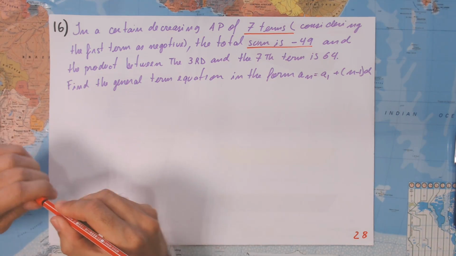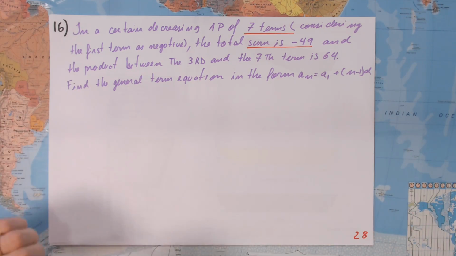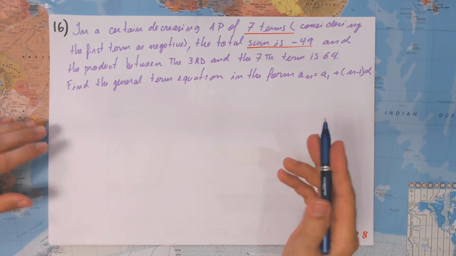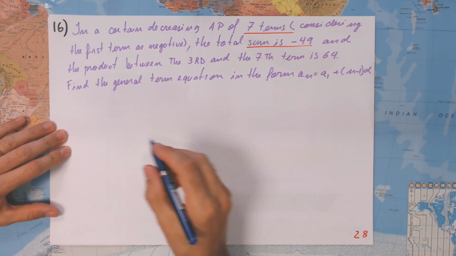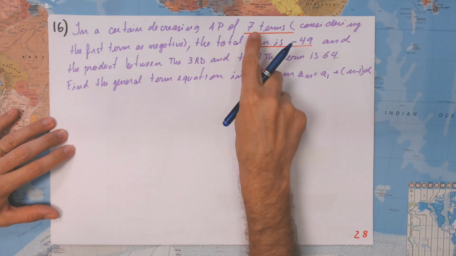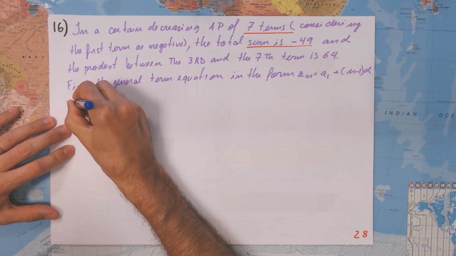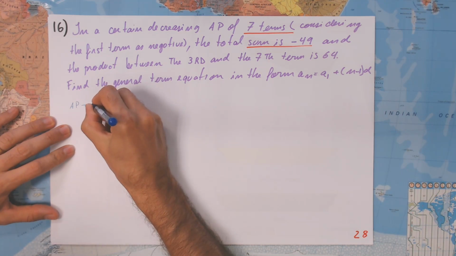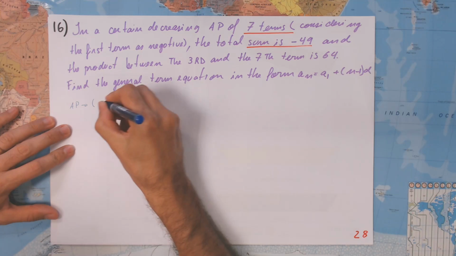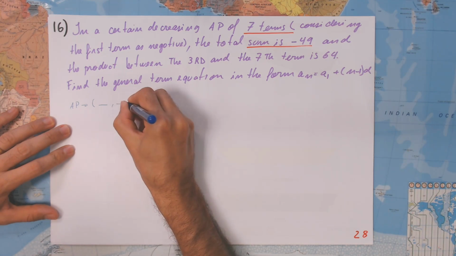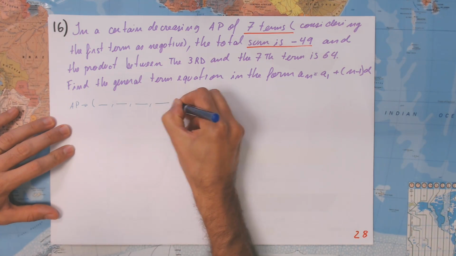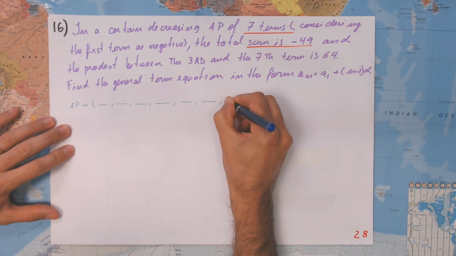This is enough to make us write this sequence like this. Remember, it's going to be 1, 2, 3, 4, 5, 6, 7.